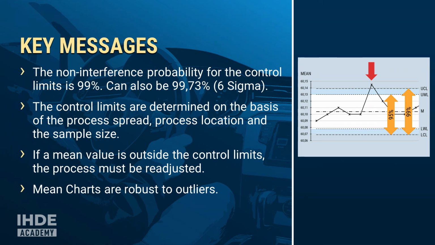This then is a width of 6 times the standard deviation. The control limits are determined on the basis of the process spread, process location, and the sample size. If a mean value is outside the control limits, the process must be readjusted. And, last but not least, average charts are more robust to outliers.